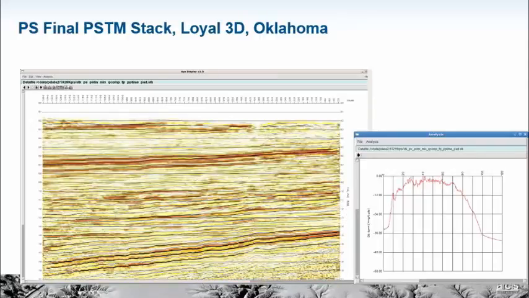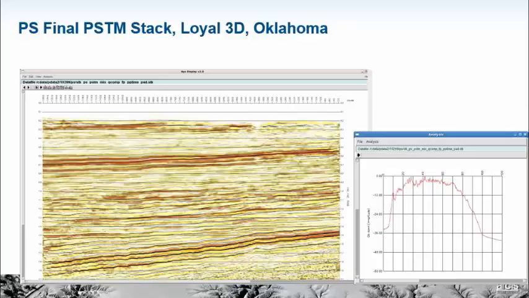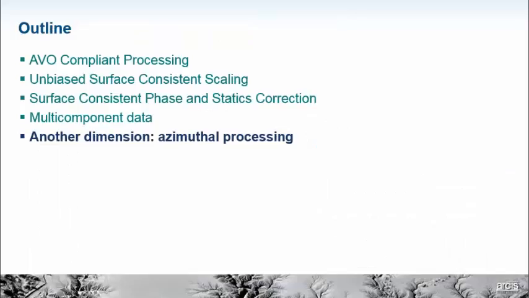As you can see, a surprisingly good correspondence in the amplitude spectra. Believe me, it doesn't always work out this way, but we're always very pleased when it does. And in fact, when you go and stare at this data, there are some aspects of the PS data which we tend to like more than the P-wave data. So there's going to be more about multi-component in my second talk, but we're going to finish AVO first.